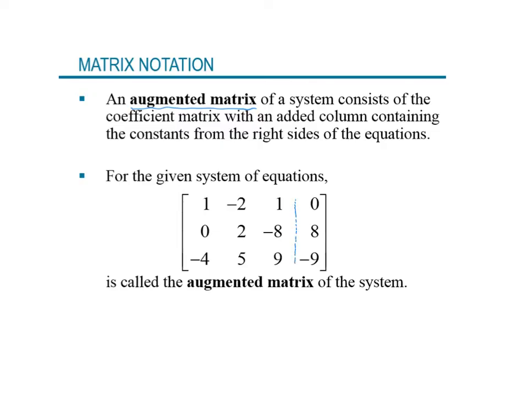Our text does not really use that. I occasionally will, I often don't, but that's what that means. It's signifying that we have an augmented matrix, and what's on the right of the dotted line is the right-hand side of each equation, the constant term. Okay, so there's our augmented matrix definition.